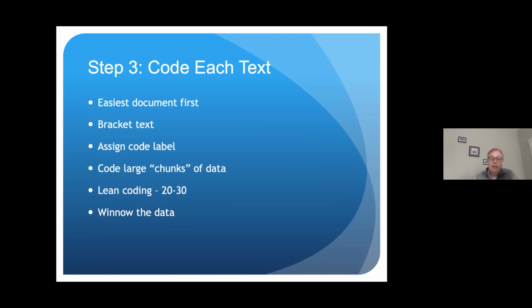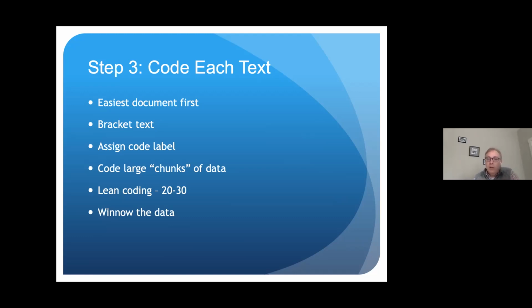As you're coding your data, there will be some parts that seem relevant and some parts that seem less relevant. So I recommend applying the code to the relevant part and cutting some of the extraneous material. If a conversation drifts off at the end of a line, you don't need to code that unless it's really important to have that context for some reason.